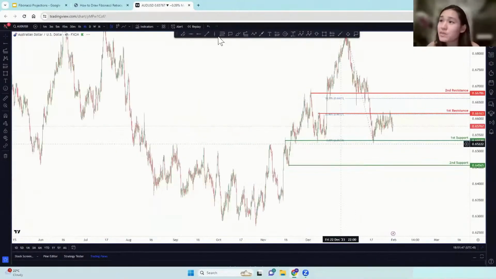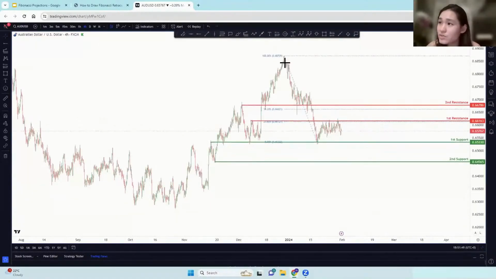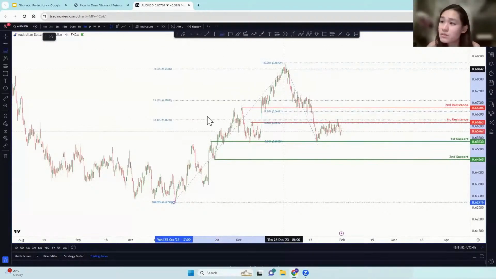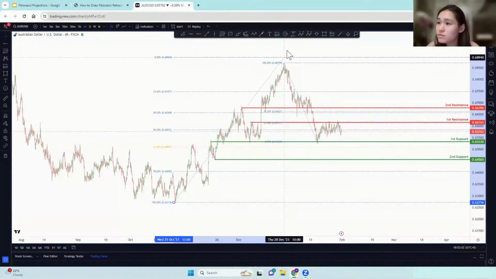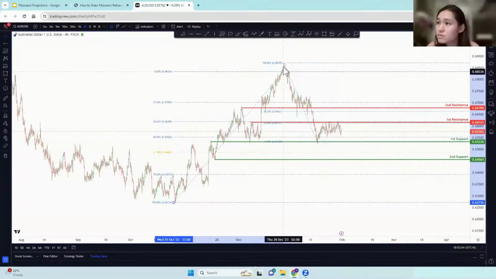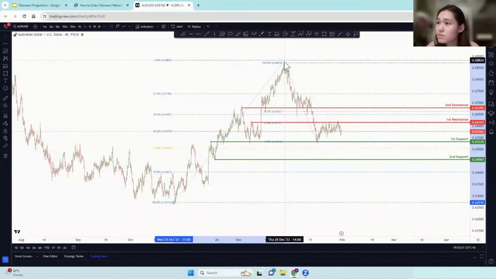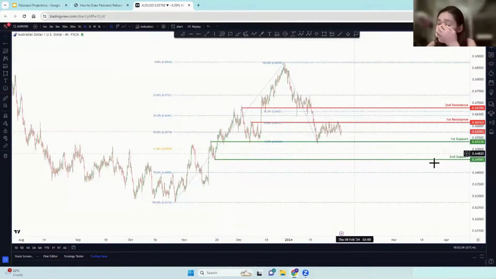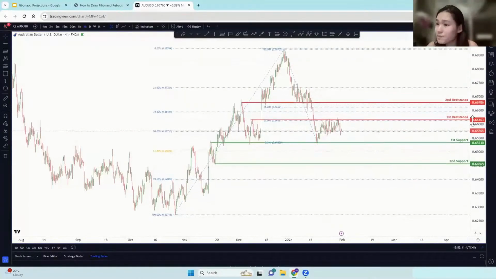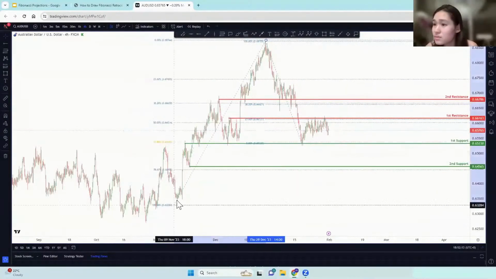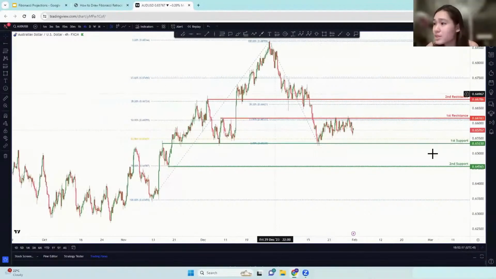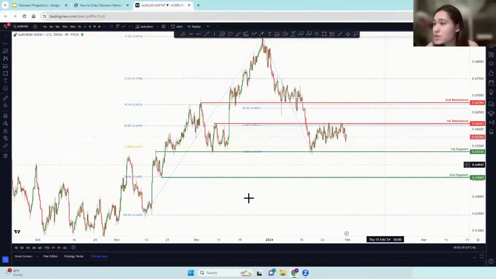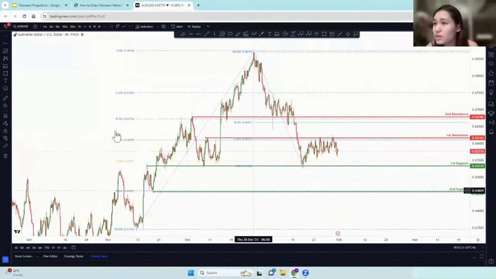If we zoom out, we also have this retracement here. My 61.8 lines up with my first support, and 78.6 lines up with my second support.